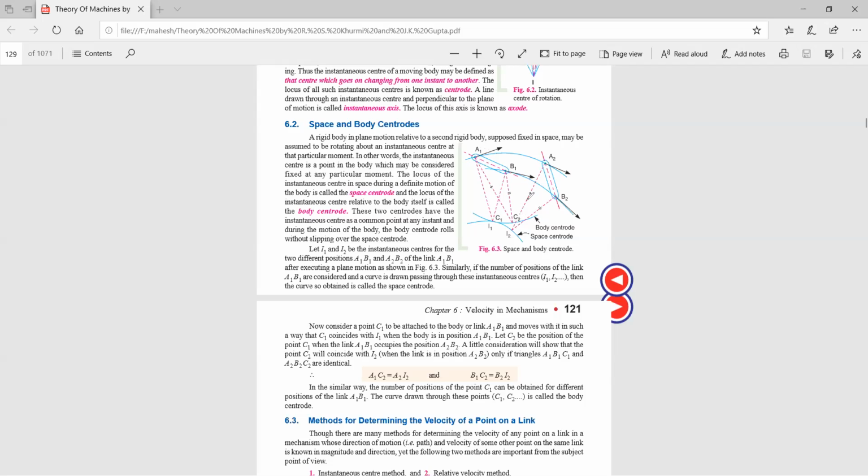So if A1 C2 is equal to A2 I2, that means B1 C2 is equal to B2 I2. Can you see these points?